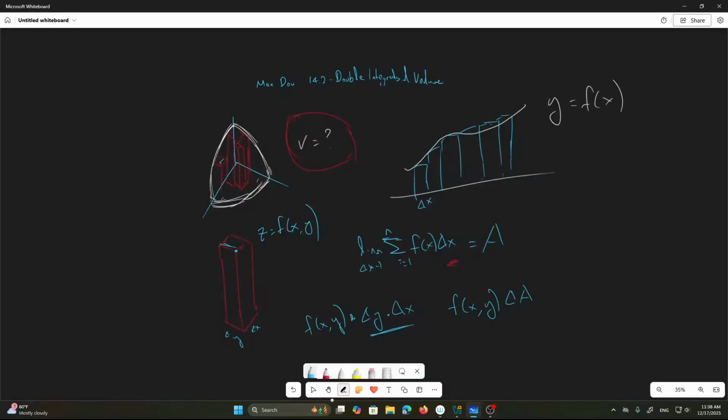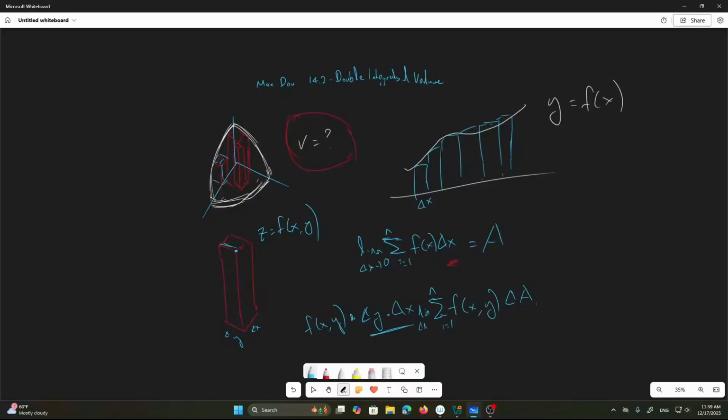And now I want you to think about what happens when, just like in single variable calculus, we sum all these rectangular prisms up, and we take a limit as delta A approaches 0, as the change in y and the change in x approach 0, over these n rectangular prisms.